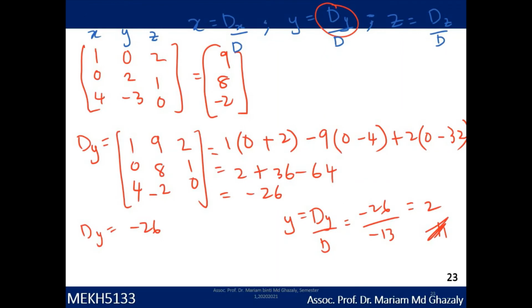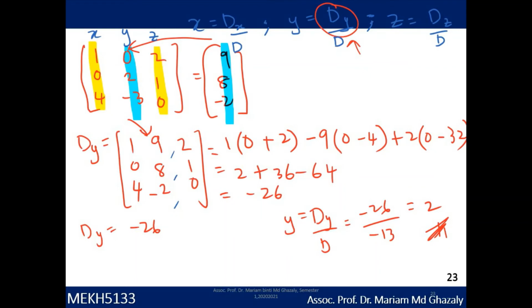Similarly, the same method is used to find dy here. So for dy, remember you need to substitute this one into the y component. So substitute inside here. That's why you have the value 9, 8, 2, minus 2 over here, and the rest you just copy and transfer inside this one.